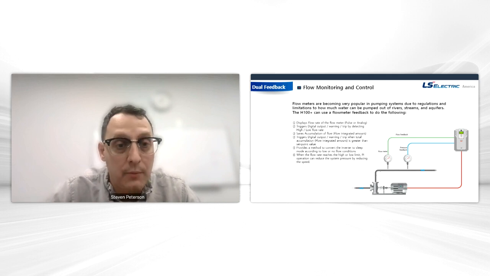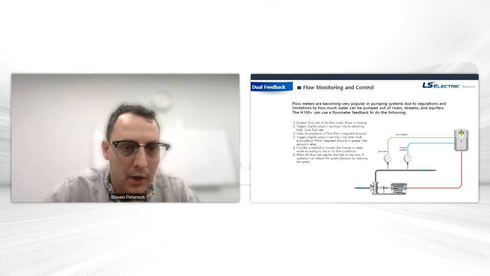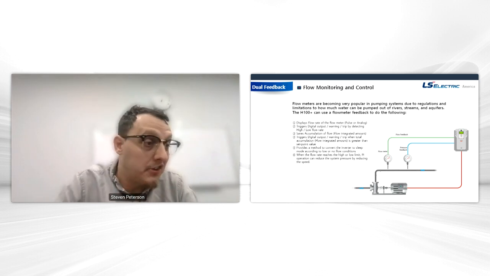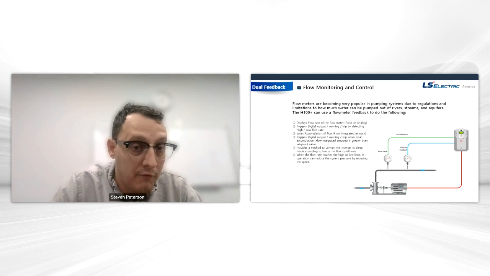So we could monitor that with a flow meter, and you could shut the drive down. Say, pump 10,000 gallons a day, and then shut off until tomorrow. So if you're ever pumping off of some kind of public water source, this may be useful. Other things you could do with the flow meter: first off, you could simply display the flow rate, so you could use it for monitoring only.